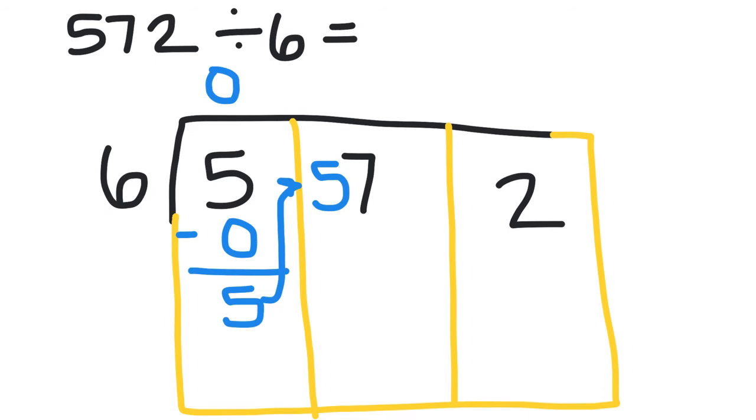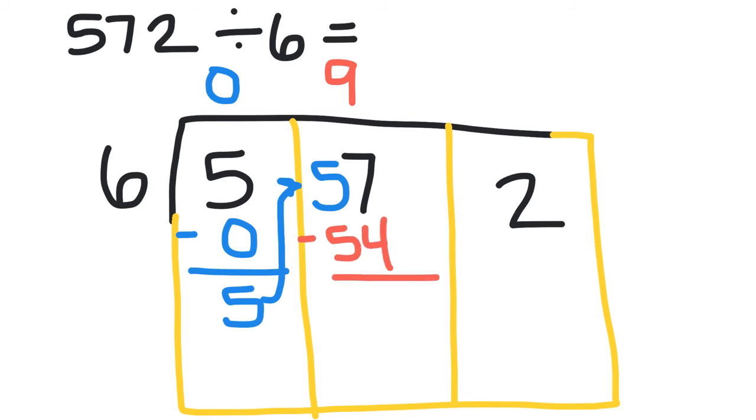So now I need to ask myself, how many times can I fit 6 into 57? I know that 6 times 10 is 60. That's close, but a little too high. So I'm going to guess that probably 9 is how many 6s can fit into 57. 9 6s is equal to 54.